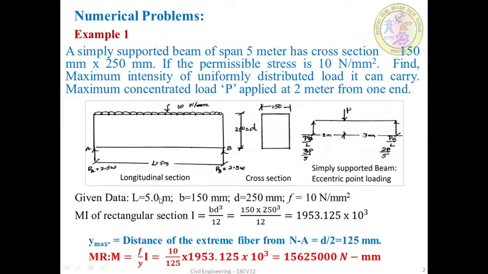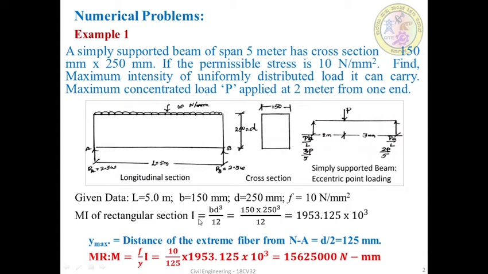Here the given data is: the length of the beam is 5 meters, nothing but 5000 millimeters, breadth is 150 millimeters, depth is 250 millimeters and the intensity of stress is 10 Newton per millimeter square. First we have to find the moment of inertia of this regular rectangular shape.